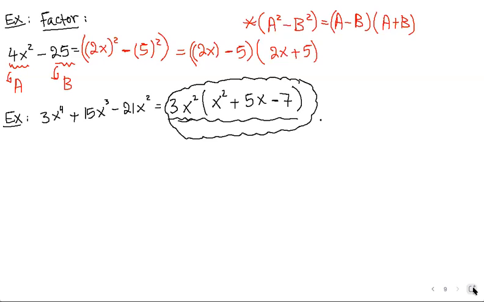Makes sense for all of you? Okay, 1.4 rational expression.